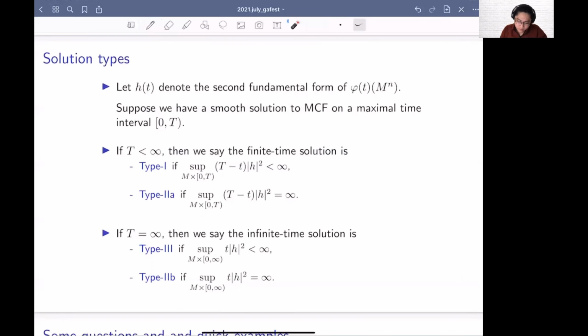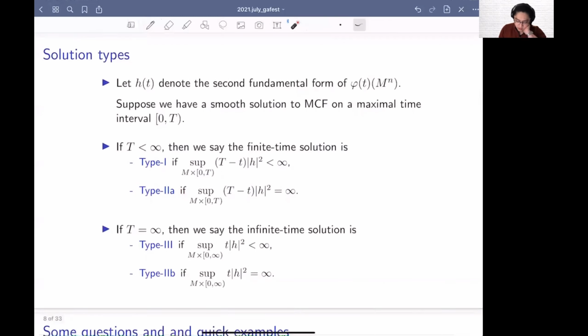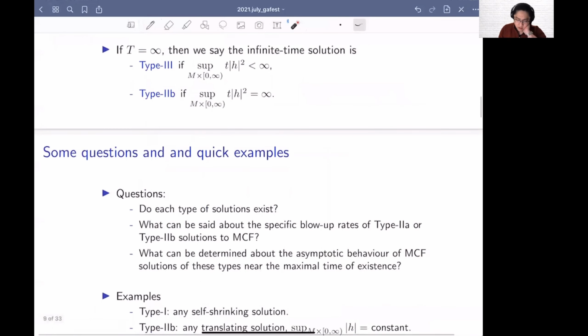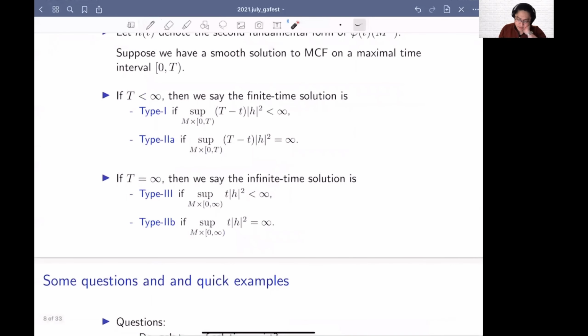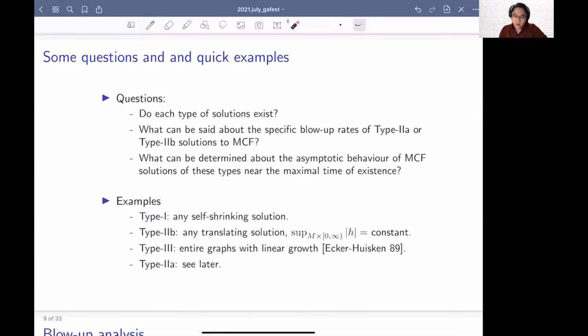Or we call the solution type IIb if the highest curvature is on the order higher than square root of 1 over t. Okay, yeah. So in this talk, we'll be mainly focusing on type IIa, but for completeness, let me mention type III and IIb here. Okay, so with this definition in mind, we can ask some questions, and also, sorry, let me cross that out.